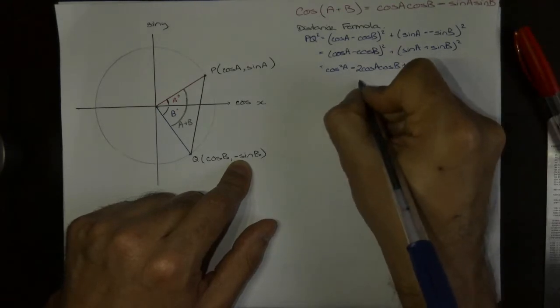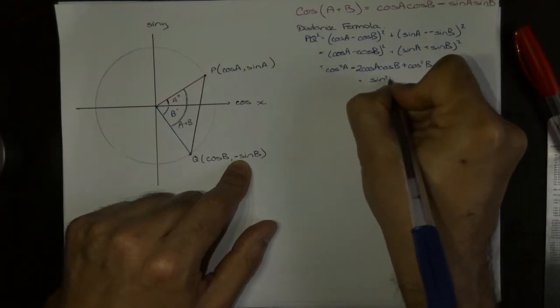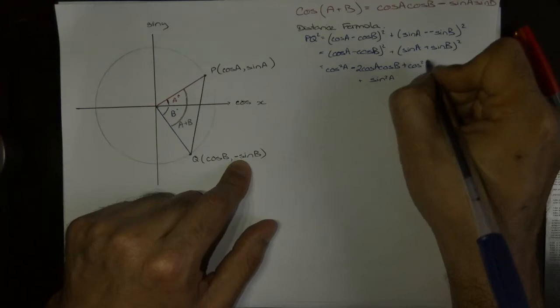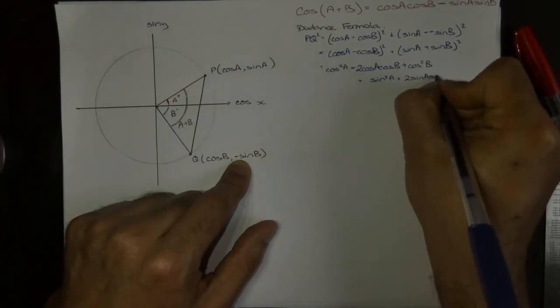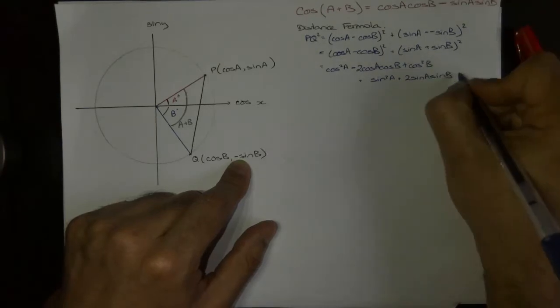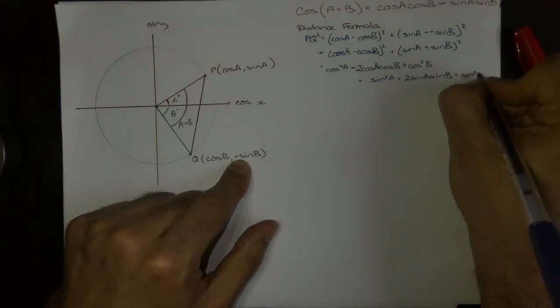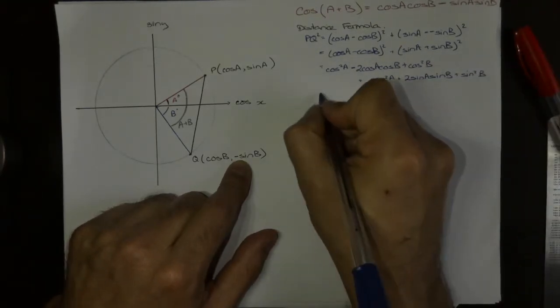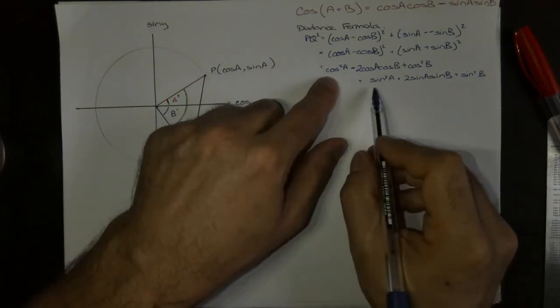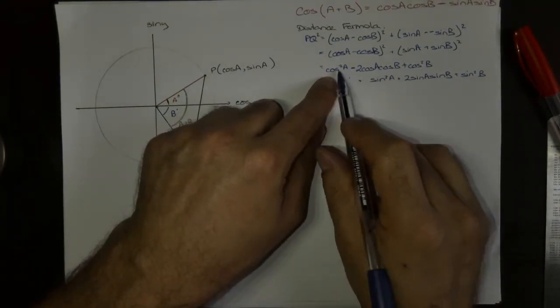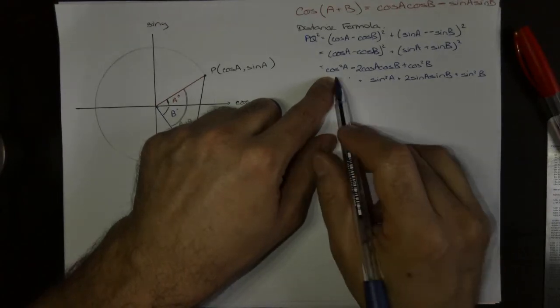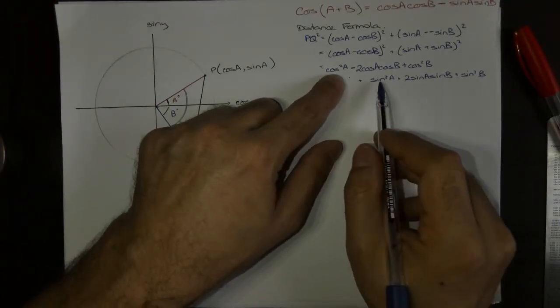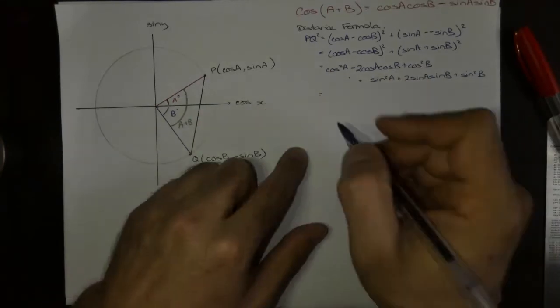I'm going to add it to sine squared A. Multiply them together and double it, 2 sine A sine B. Square the last term, sine squared B. All right. Remember, sine squared A plus cos squared A equals 1, so let's collect that.